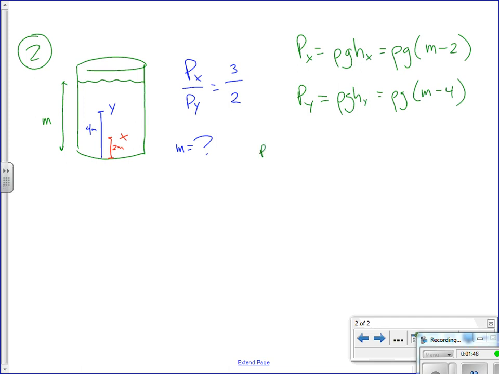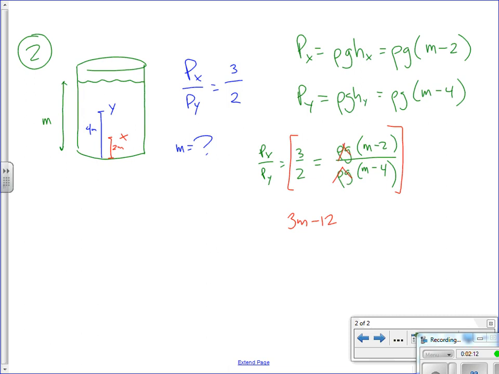So Px to Py, which is 3 over 2, is rho G m minus 2 over rho G m minus 4. Rho G, gone. Cross multiply: 3 times m minus 4 is 3m minus 12, 2 times m minus 2 is 2m minus 4. Solve. M equals 8. That would be B.